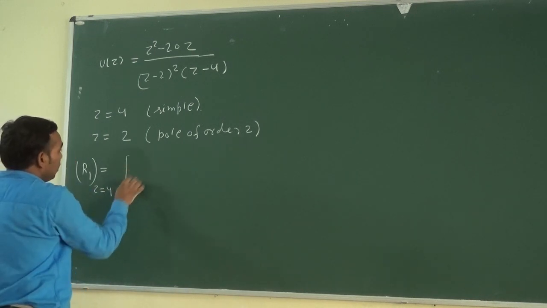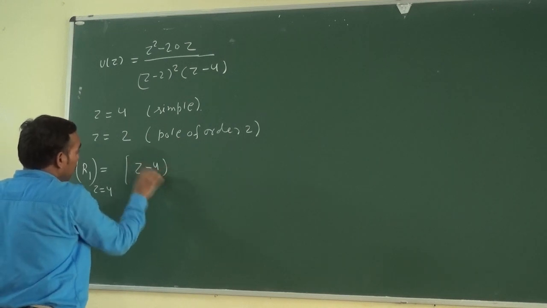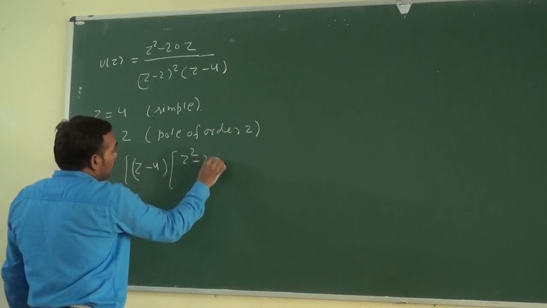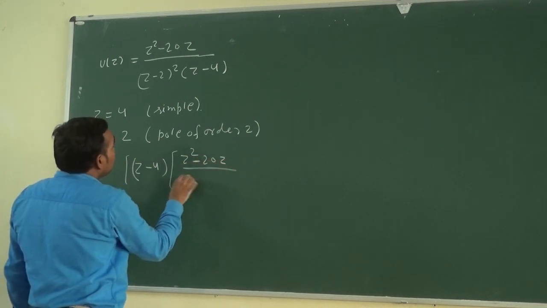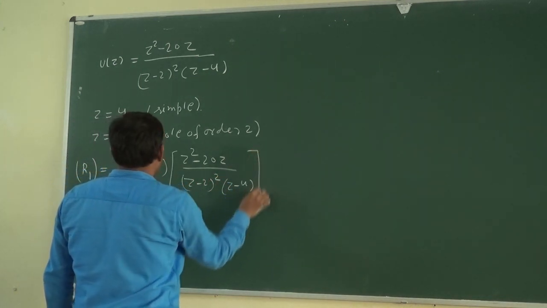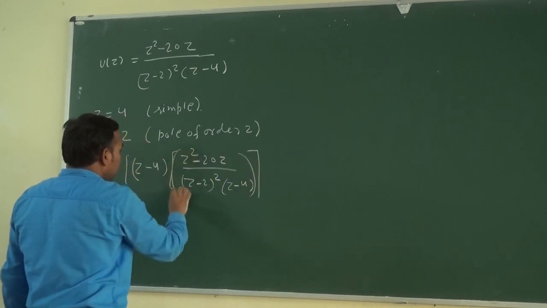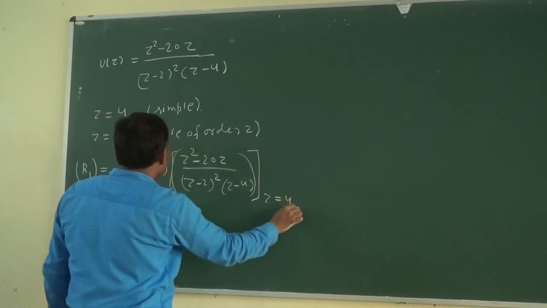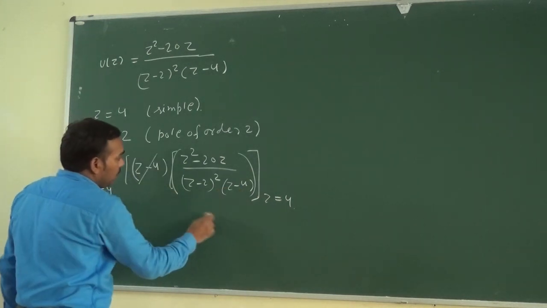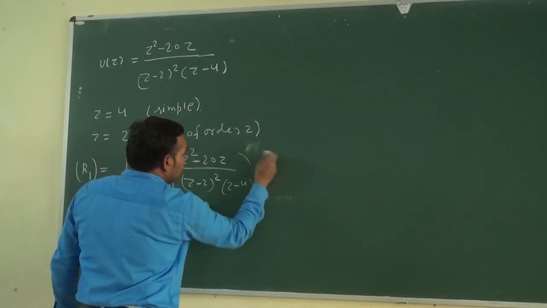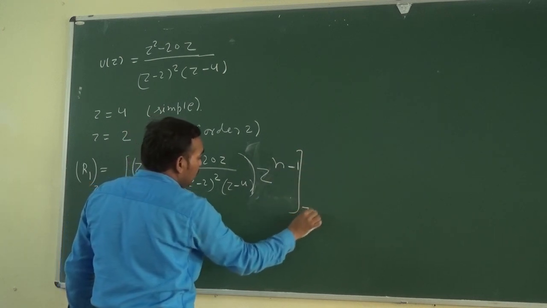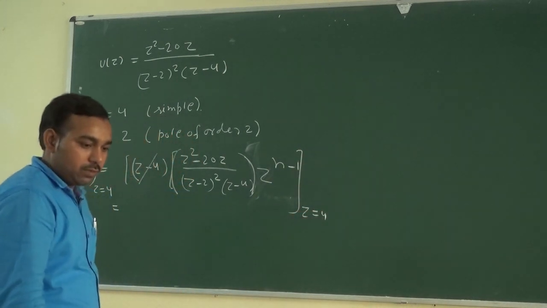Simply write z minus 4 and u of z, that is z square minus 20z upon (z minus 2) whole square, (z minus 4), times z to the power n minus 1, at z equal to 4.